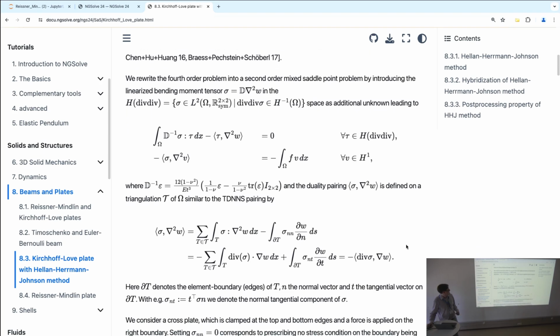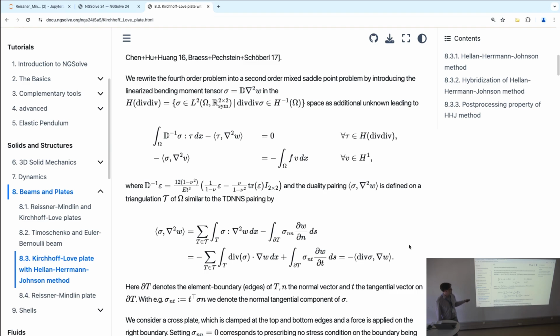So the idea is, again, that we introduce a stress, so a Hellinger-Reissner principle. So we have the sigma, the linearized bending moment tensor, which is like the Hessian of the vertical deflection, and we write it as a mixed formulation. And for the stress, we are again in H(div-div).